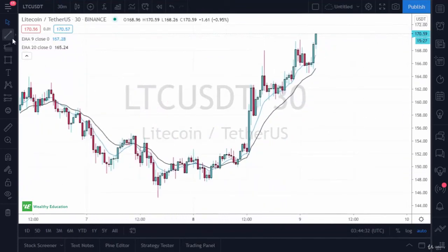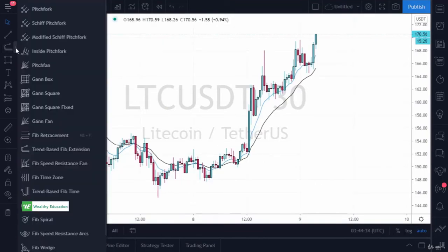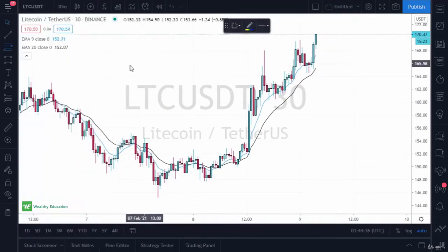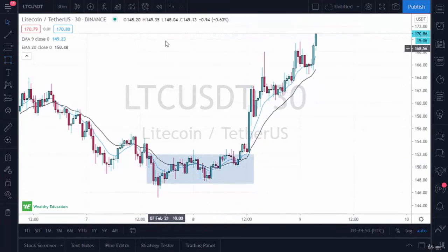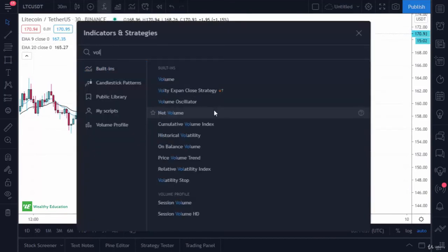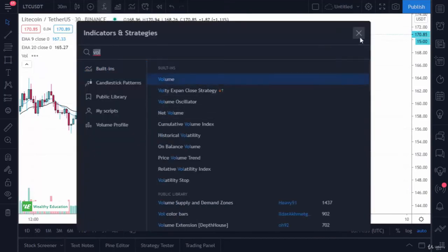Now, what I think's probably going to be more important is something like this. So you can see that we have been consolidating for a little while there. Let's go ahead and see if we got some type of volume expansion.